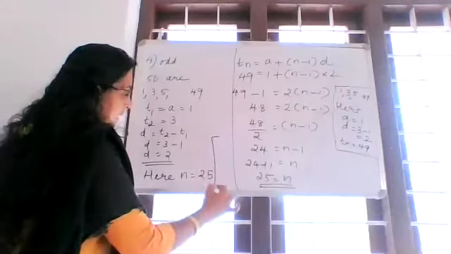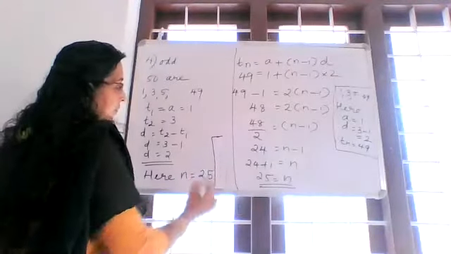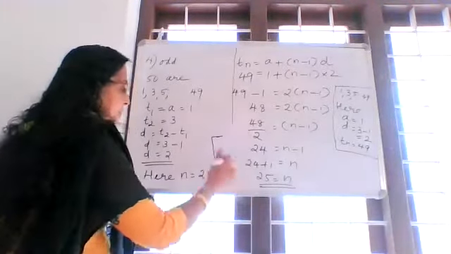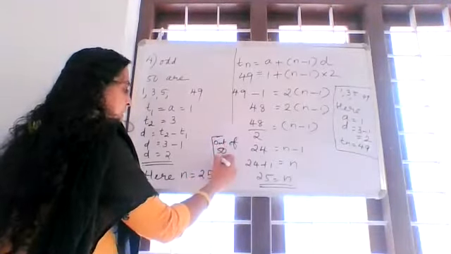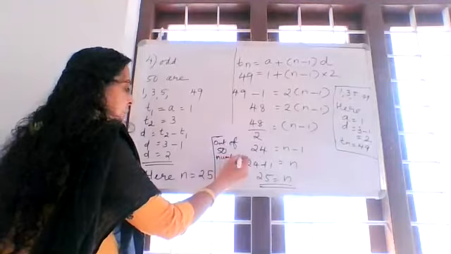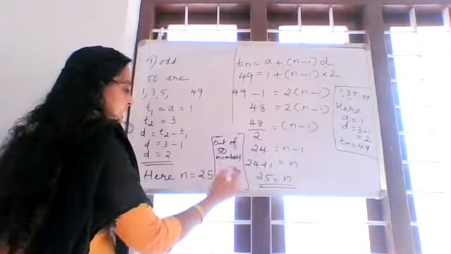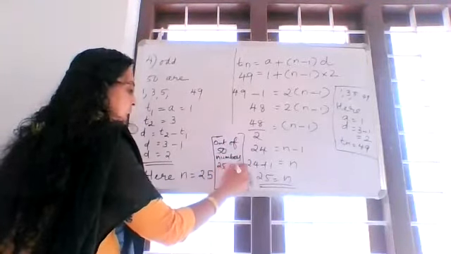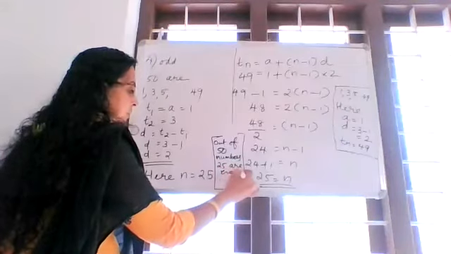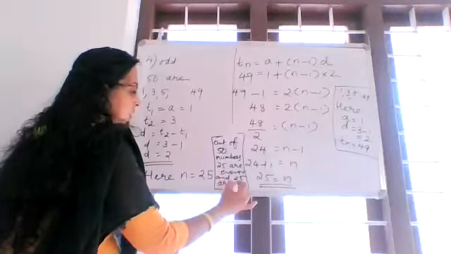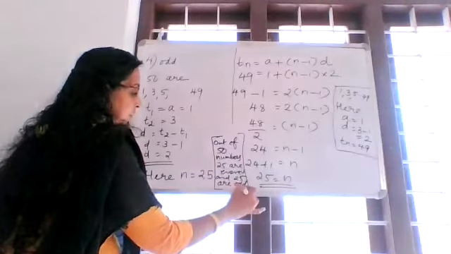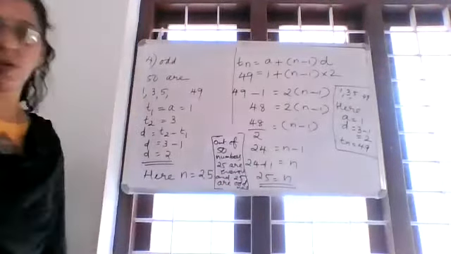Then write in brackets: out of 50 numbers, 25 are even numbers and 25 are odd numbers. That's why we are writing n is equal to 25.